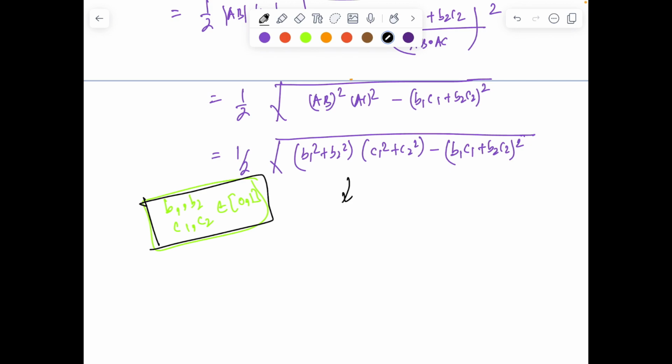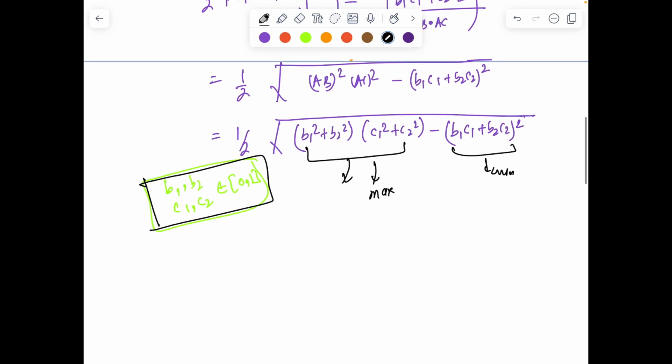So you can easily see, if I take B1, B2 and C1, C2 to be 0 comma 1, now based on this input I need discrete input, I need to maximize this value. And to be most greedy, in fact, I'll maximize this and minimize this at the same time. Now the sum of squares will be minimum when it is 0.